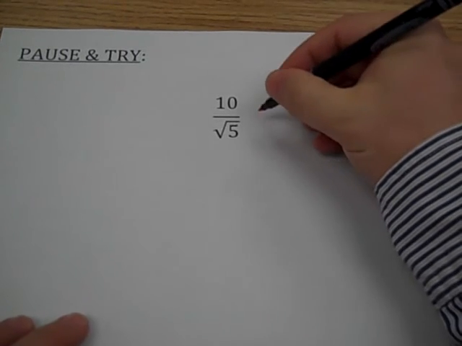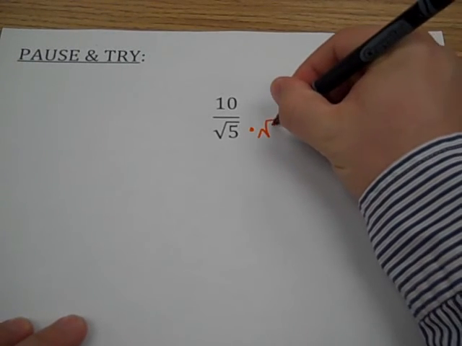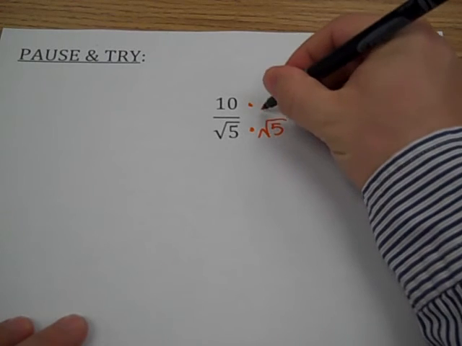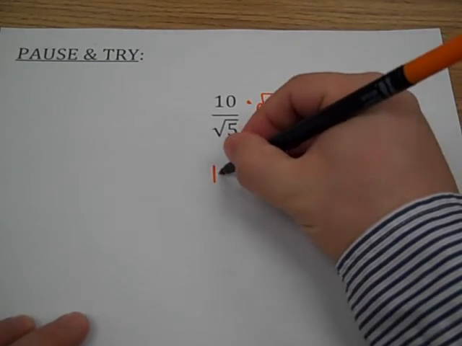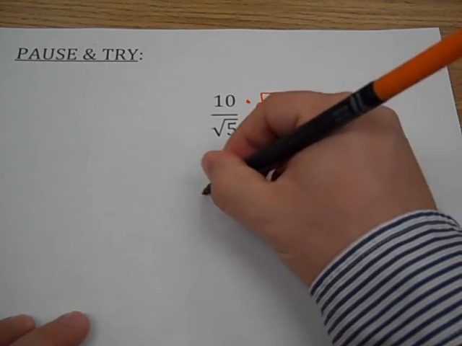So hit the pause button, give this one a shot, rationalize this fraction, and then press play and we'll talk about it. So I'm going to multiply the bottom of this fraction by root 5 and the top by root 5. So on top I get 10 root 5.